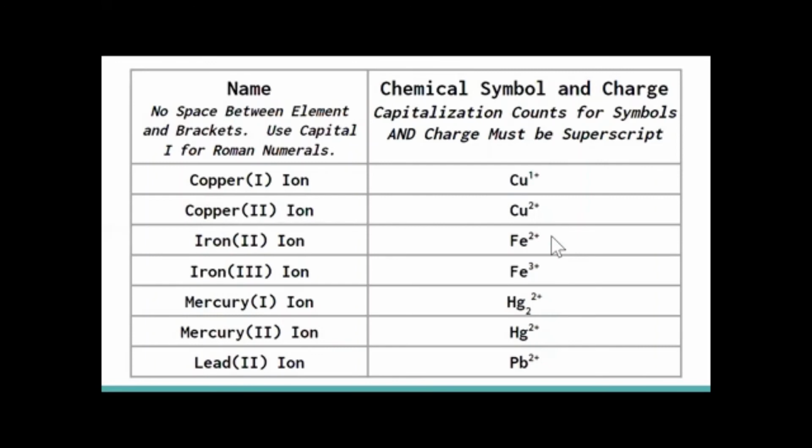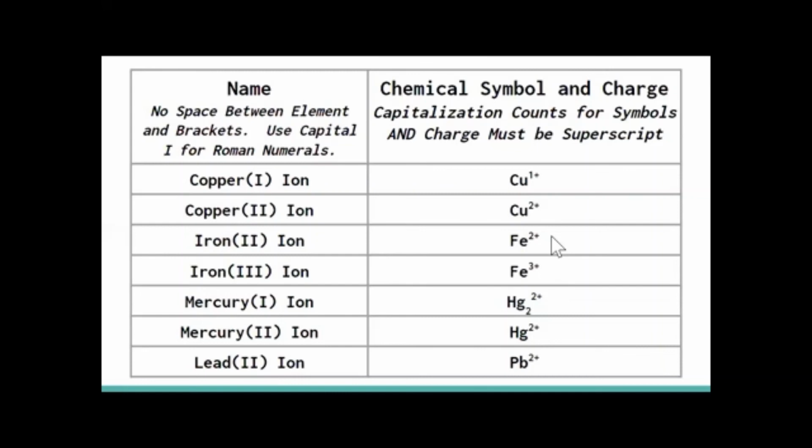So copper(I) ion is Cu1 plus. Copper(II) ion is Cu2 plus. Please note, copper(I), you have I in Roman numerals and your charge is 1. Copper(II), you have II in Roman numerals and you have a 2 charge.